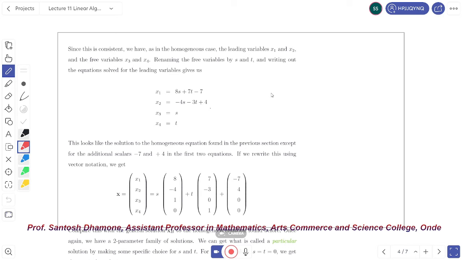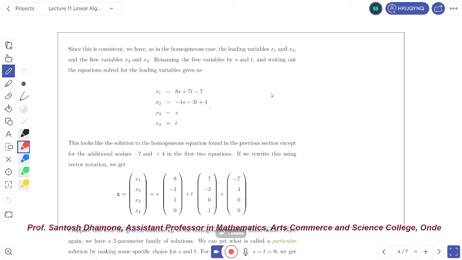The coefficient of s is 8, minus 4, 1, 0. Then plus sign, and we write the coefficient of t in the second matrix: 7, minus 3, 0, 1. Then we write the remaining term as a constant, which is minus 7, 4, 0, 0.